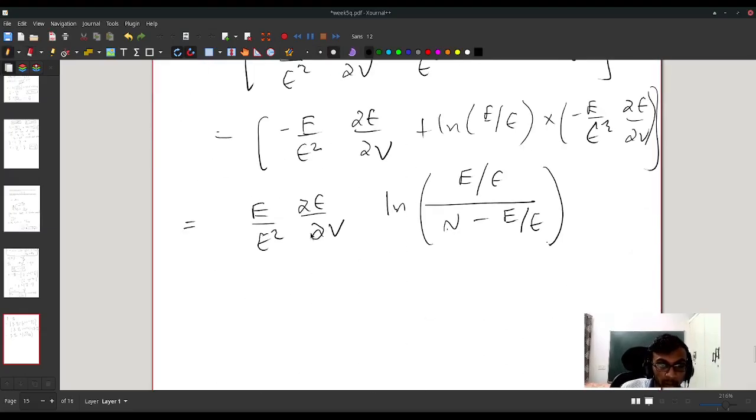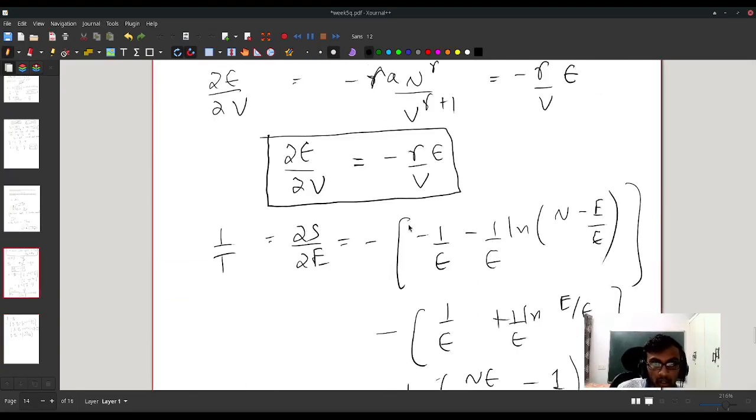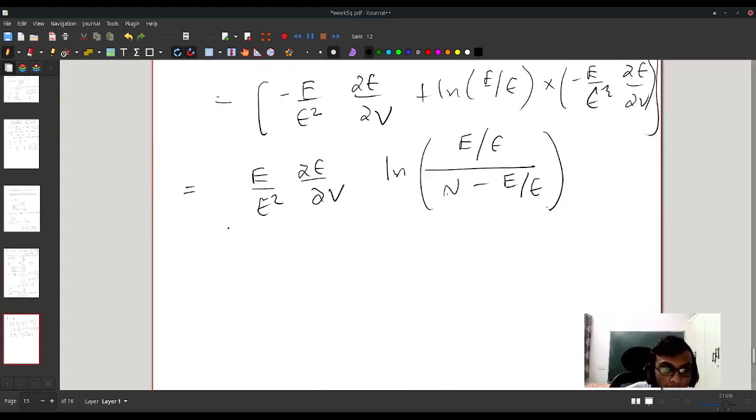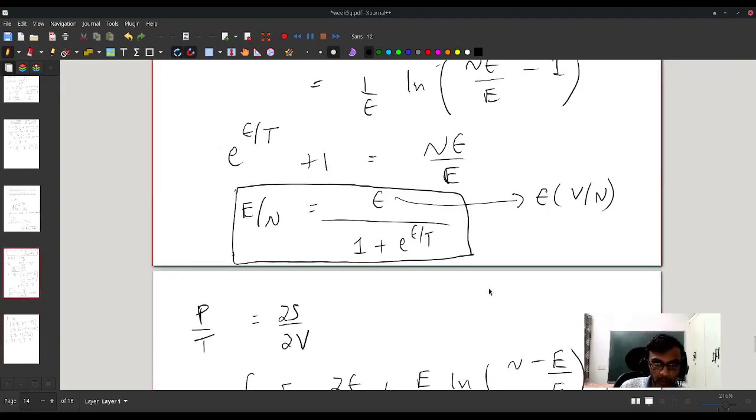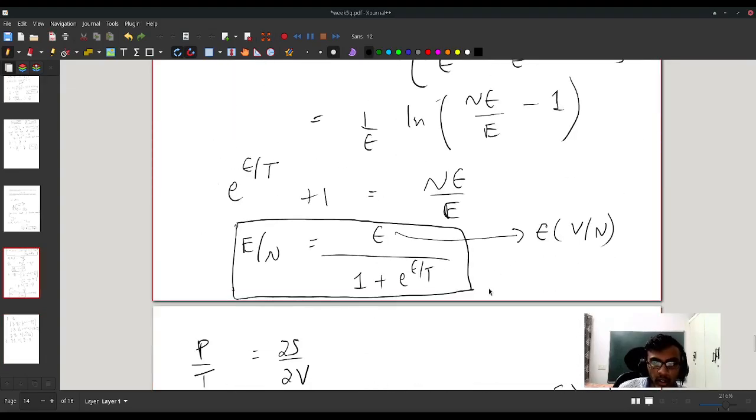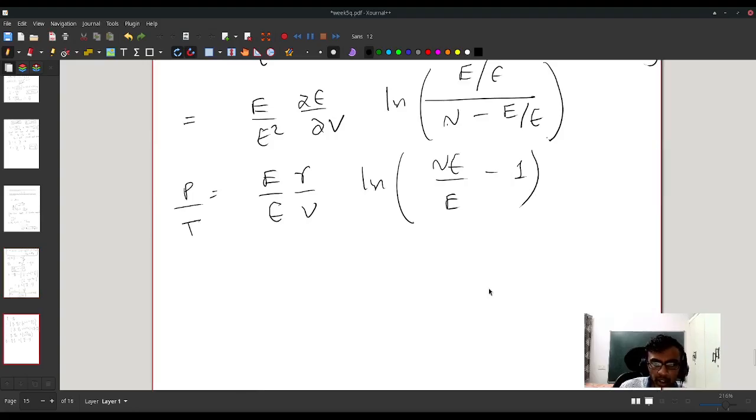So P by T is ∂S/∂V, and we can substitute for epsilon here. That is going to be minus gamma epsilon by V. So E by epsilon, gamma by V times ln of (N epsilon by E minus 1). So this is going to be P by T, and we have 1 over T here. So we can simply divide this to get rid of this factor.